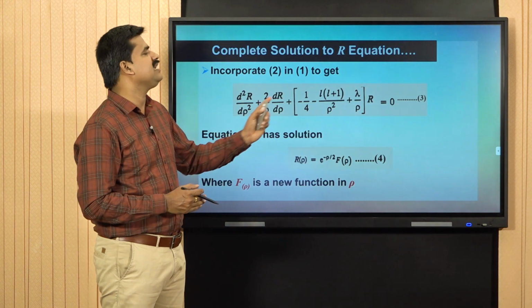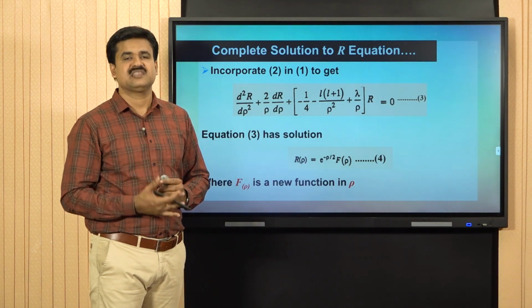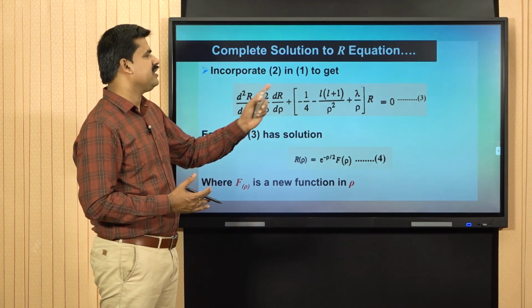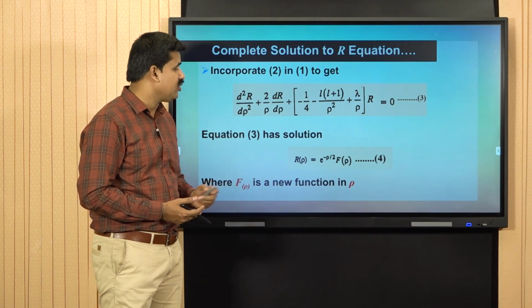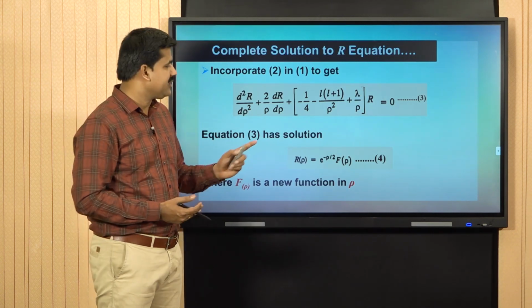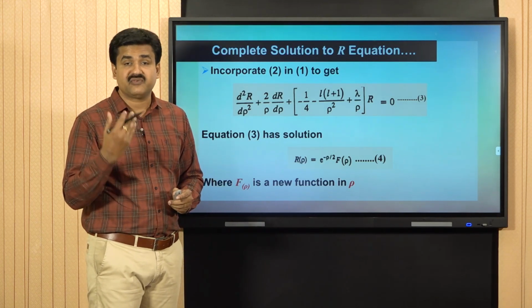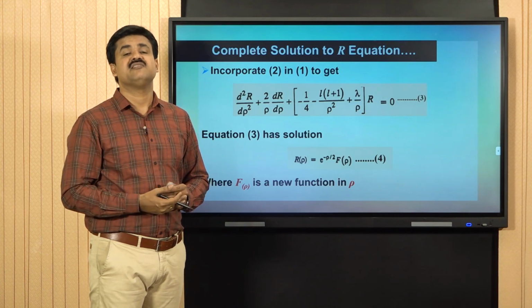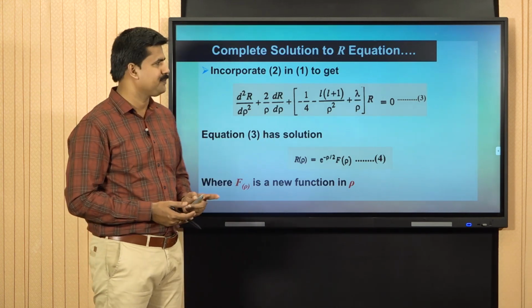And it should be noted that this R equation has a solution in mathematics. The solution to equation 3 can be represented like this: R(rho) equal to e raised to minus rho by 2 into f(rho), where f(rho) is a new function that depends on the variable rho.